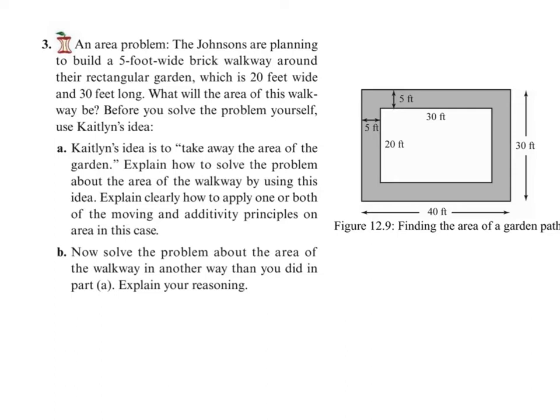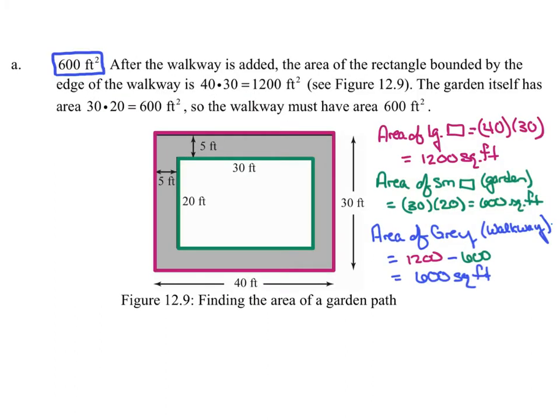So let's look at the diagram a little closer. We'll notice here that there's 5 feet here, 5 feet here, which means there is also going to be 5 feet on either side. So there's 5 feet over here, and there's 5 feet from here to here.